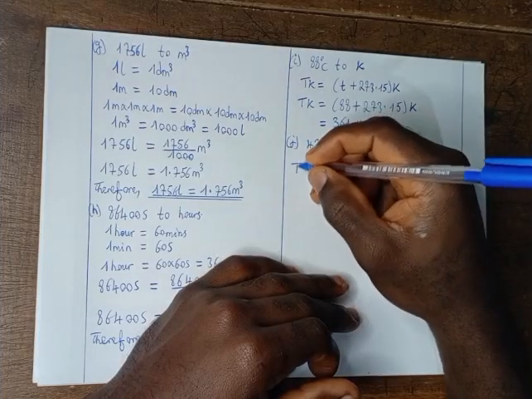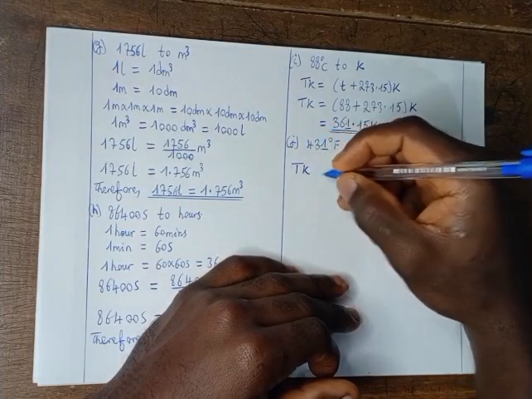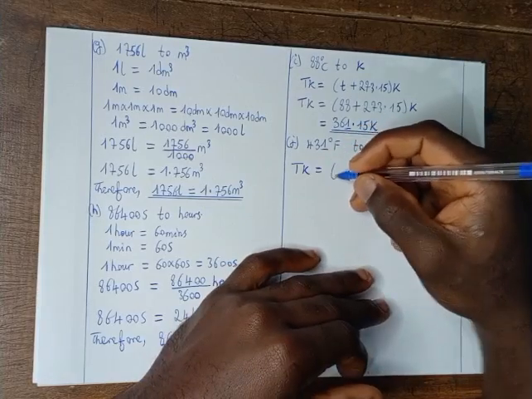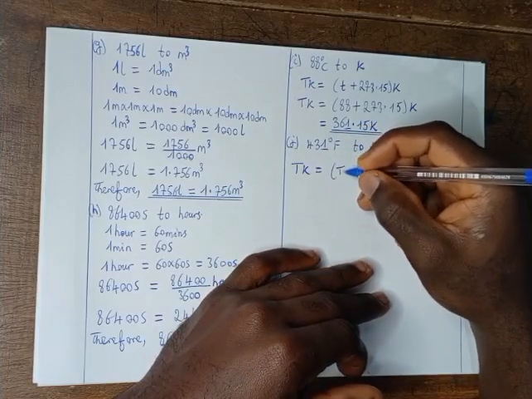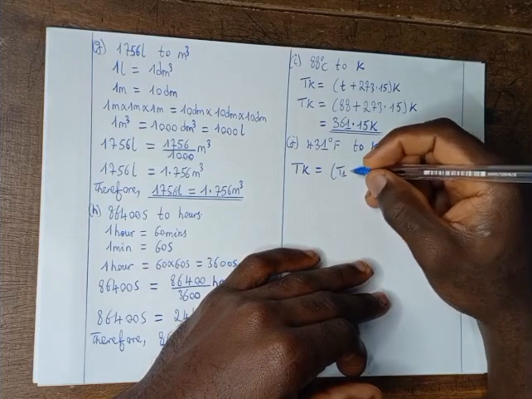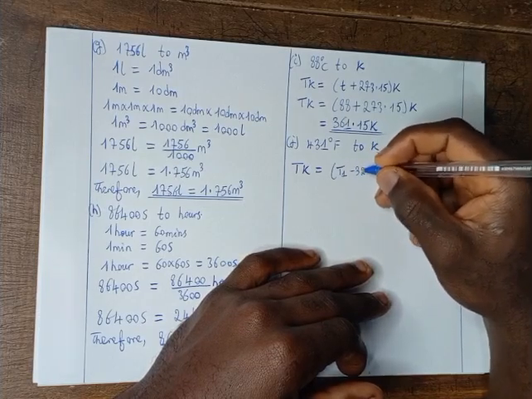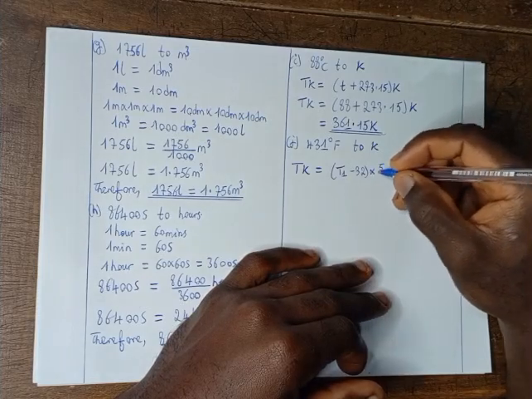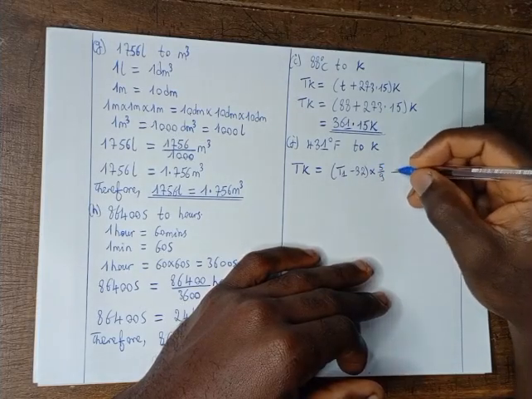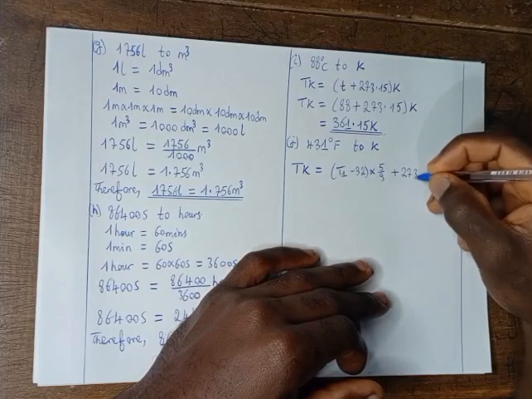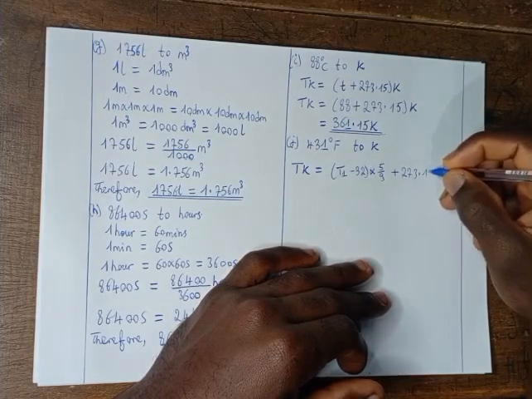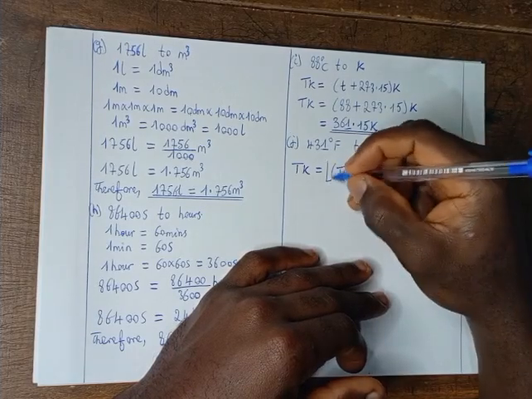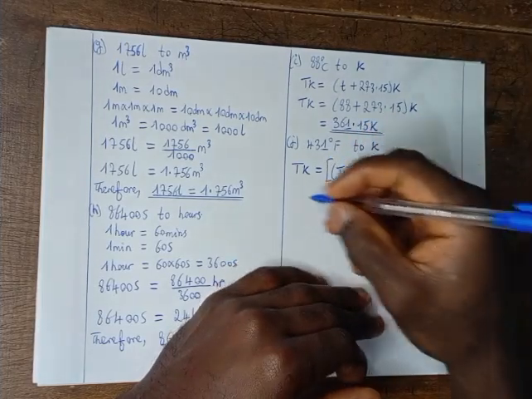Below this formula, the temperature in Kelvin will simply be equal to, we take the value of the temperature in degrees Fahrenheit minus 32, then we multiply it by 5/9, and we add 273.15 to that value, and the unit will simply be Kelvin.